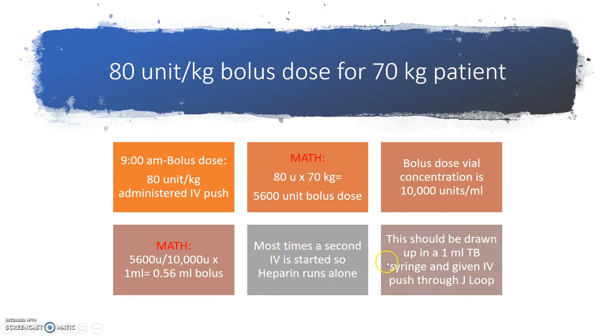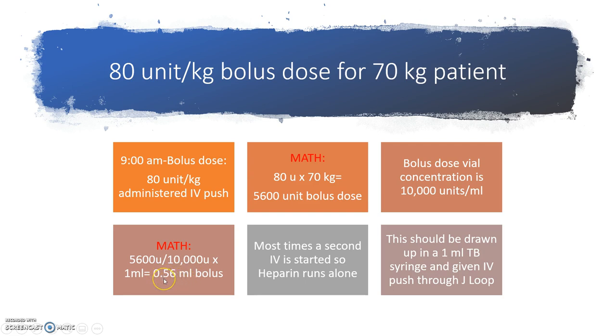So again, this is going to be in a separate site. This right here is probably the most important takeaway that I hope every student understands about heparin. You really should not need anything larger than a 1 milliliter or a TB syringe to draw up your bolus dose. I just can't stress that enough. It is going to be less than a milliliter.